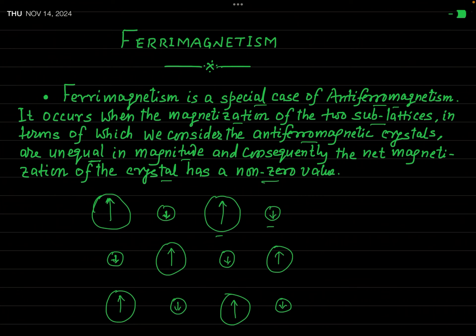So, what is this ferrimagnetism? I hope you have understood. But now we will see a particular example of this ferrimagnetic material. The most common example of this ferrimagnetic material is ferrites.